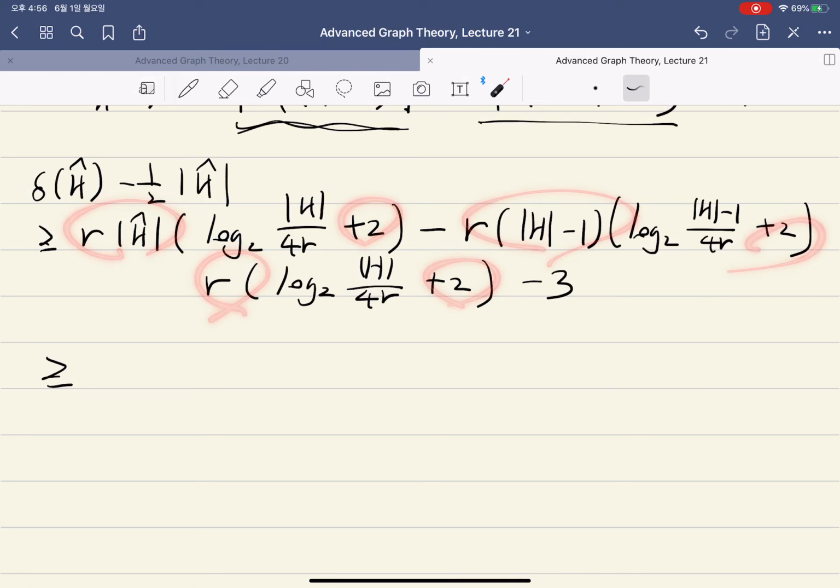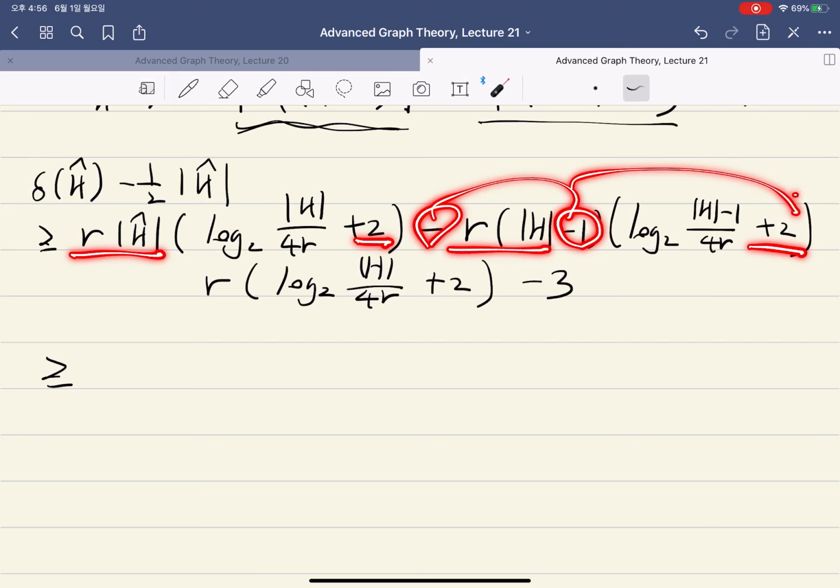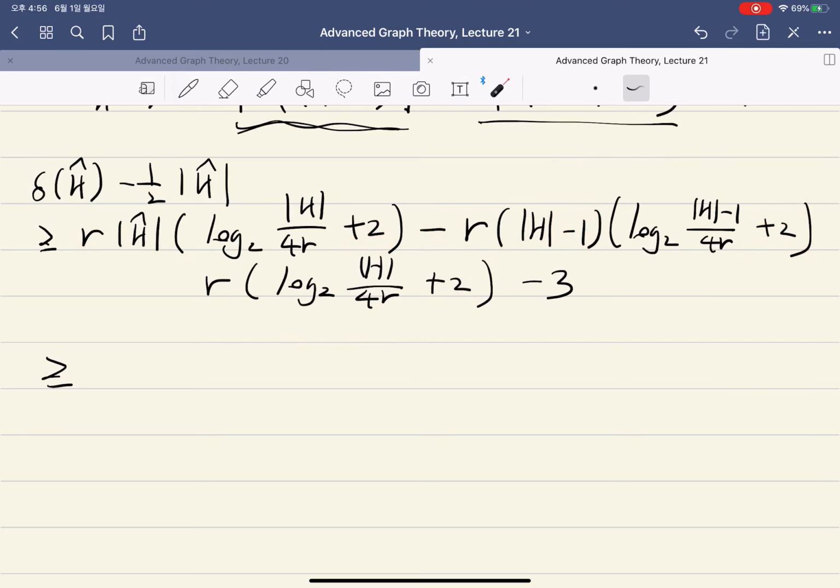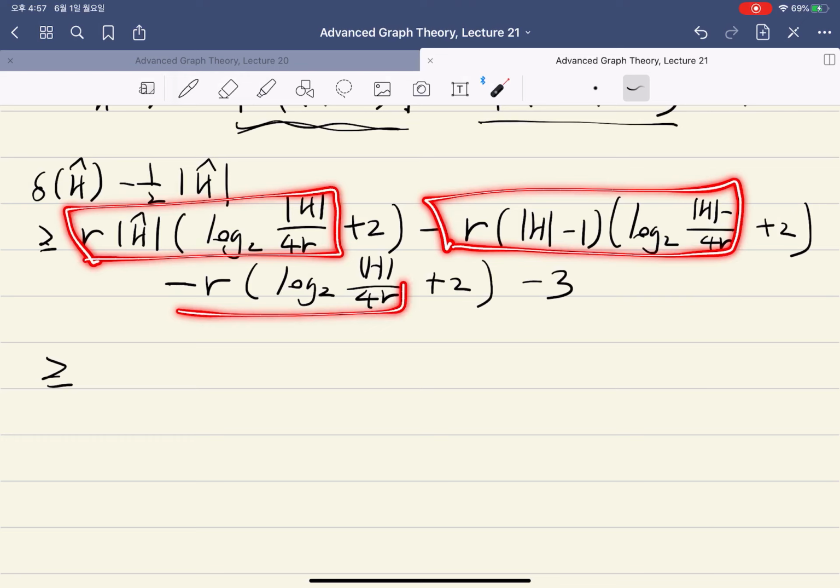If you collect the second term, this r h hat times 2 and r h hat times 2, and then this 1 times 2 and this 2 cancels out. So I forgot to write here as a minus. So those parts cancel out. What's the first part? You have this and this and this.